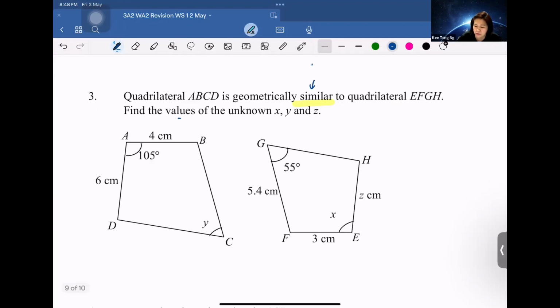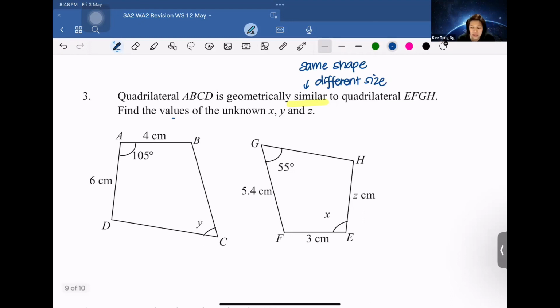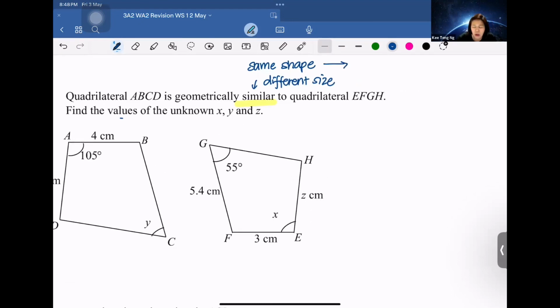Similar figures have the same shape, but they are different in size. How do you know they have the same shape? They have the same and equal angles. But when you talk about size, one is big, one is small, so for the different lengths, there is a ratio of the different sides.